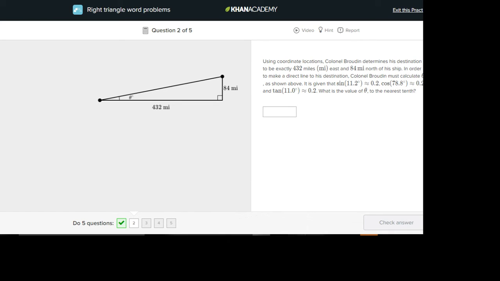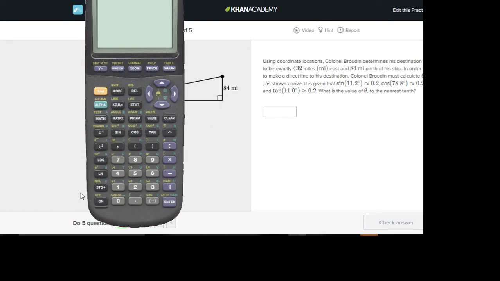Let's see if that works out. I don't really know exactly what they're... We're finding the angle, so do I use the trig function or the inverse trig function? Finding angle, inverse, right? Mm-hmm. Of opposite over adjacent.